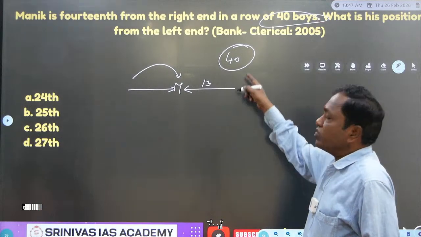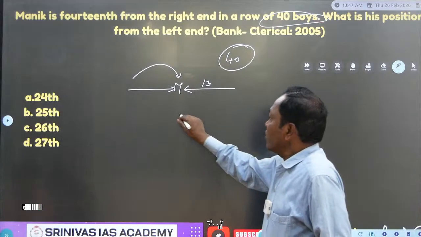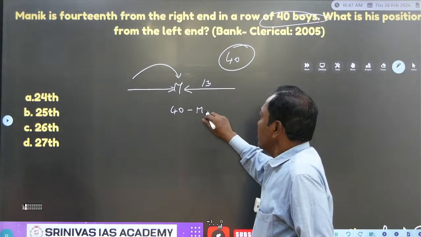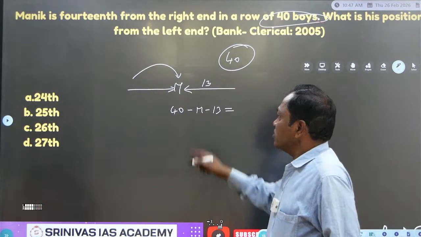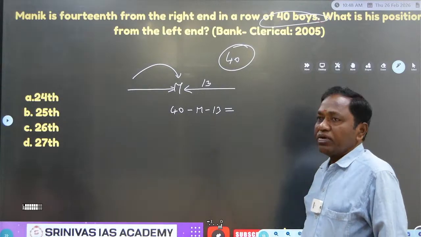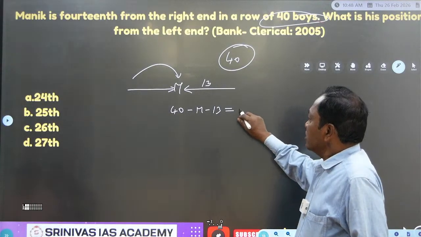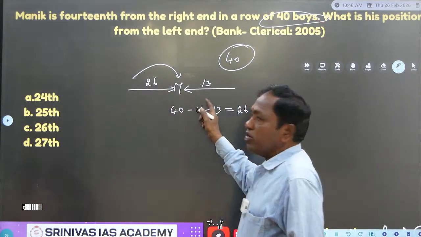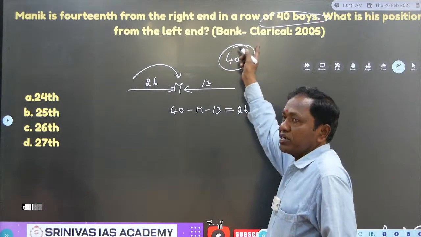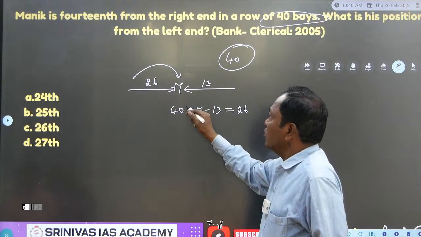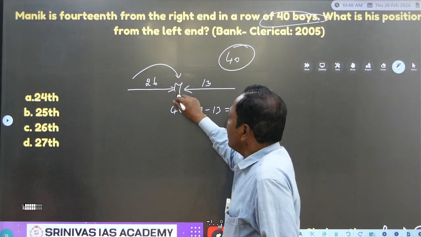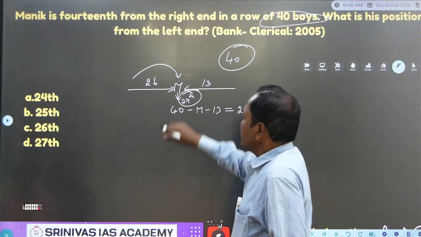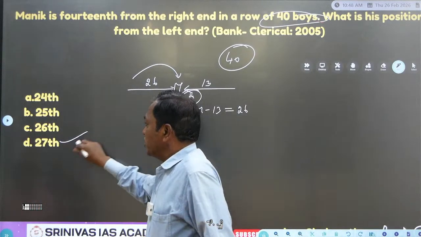The total size of the row is 40. 40 minus Manik is 39. 39 minus 13 is 26. There are 26. You can also cross check the total: 26, 27, 30, 40. The position of Manik from the left is 27th. 27th is option D.